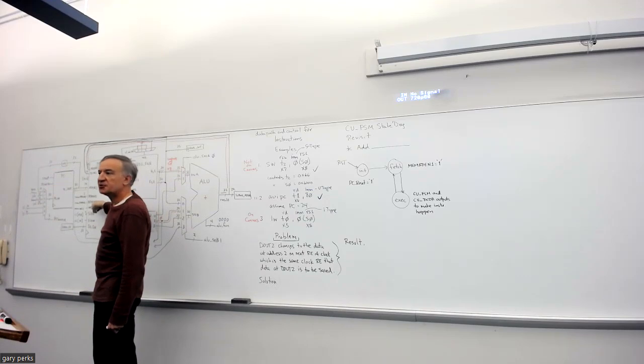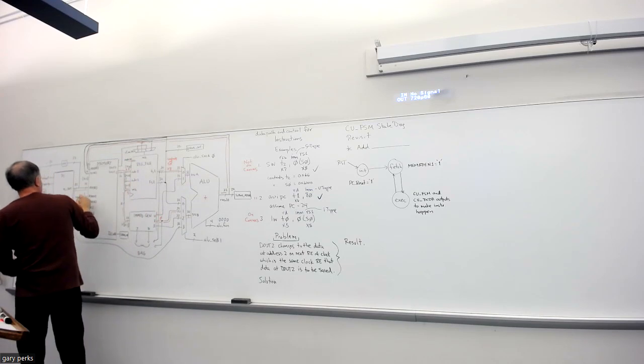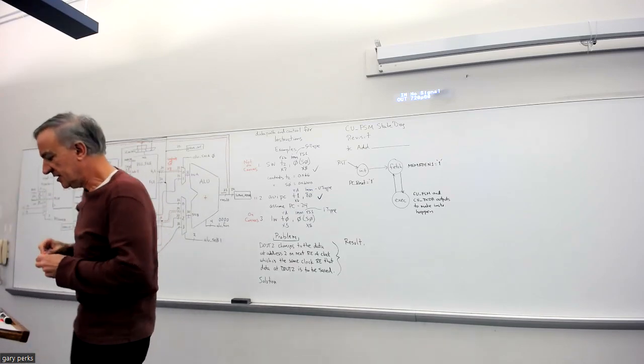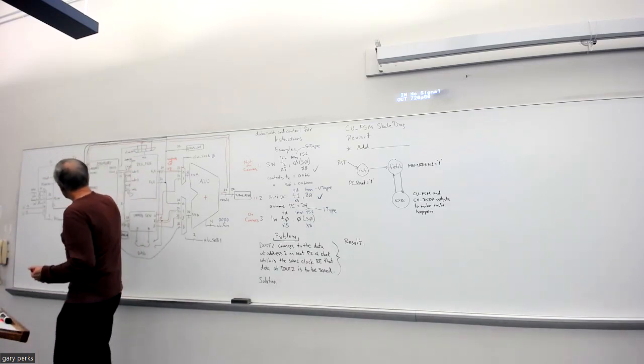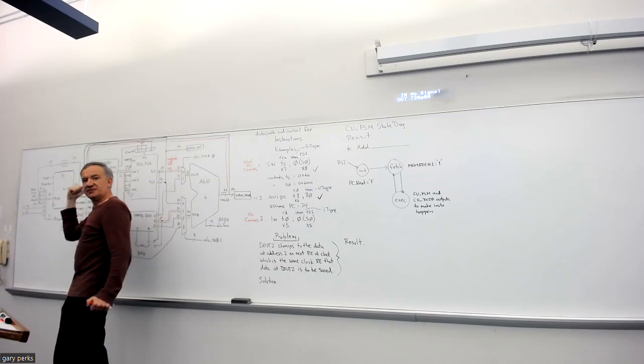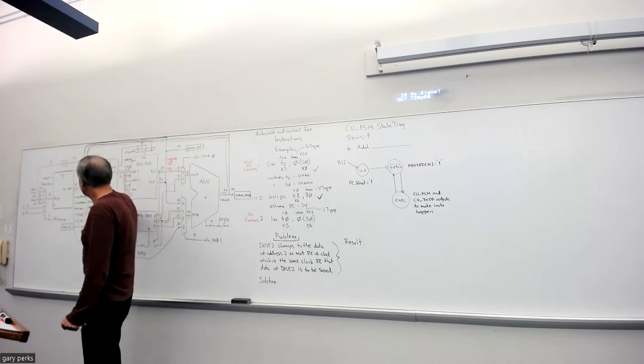So we want read enable 2 to be a 1. For our store instruction, when we were doing a store word, remember it was write 2 that was 1, because that was a store instruction. This is a load instruction. So that's why this is enabled for load, and that's enabled for store.